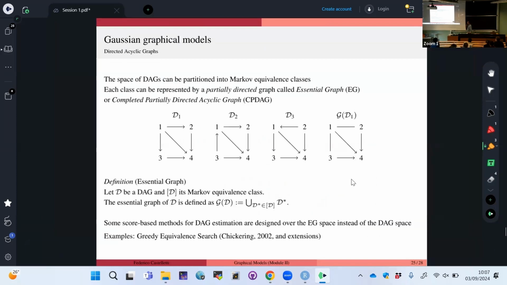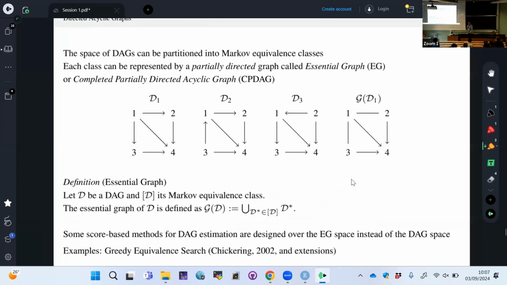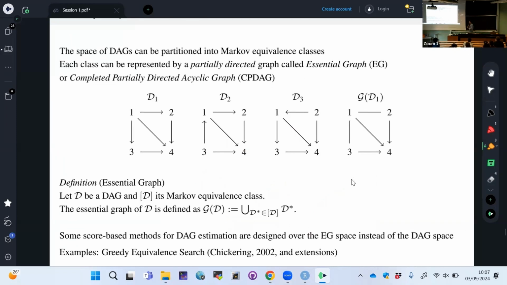Okay, so this suggests that the space of DAGs can be partitioned into Markov equivalence classes. So instead of considering DAGs, you can consider their Markov equivalence classes. You can also represent each Markov equivalence class using an object which is still a graph, but it is not a directed graph anymore.